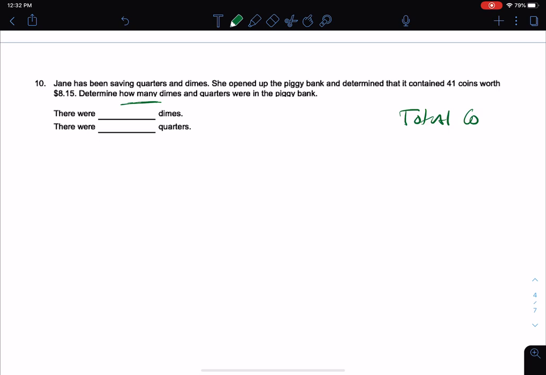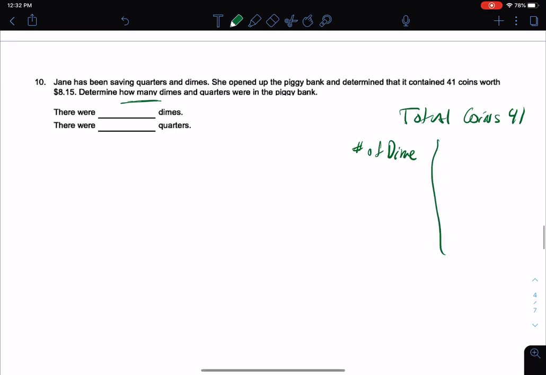We have a total of 41 coins. This is going to be the quantity, the number of, and so we might want to say something like number of dimes. That's not the dollar value of them, but it's the quantity of how many there are. And we might want to say number of quarters.